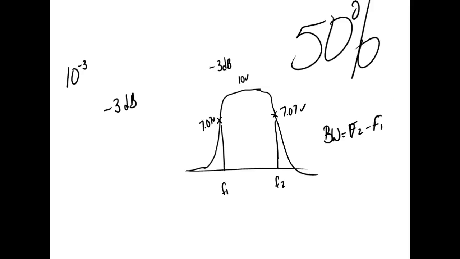Now, of course, this is the way we measure. Of course, what do we need to know how to do before we measure something? What we're looking for. So there's some way we can calculate the bandwidth before we measure.